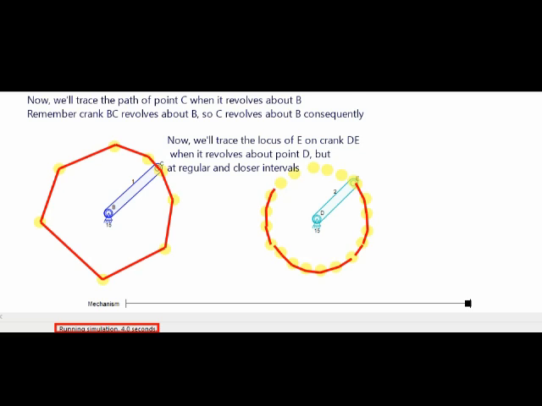I'm just going to trace it to the end. You can see it's already a full circle. So it's more of a circle. So the closer the intervals and the more defined the intervals, the more pronounced the circle becomes.